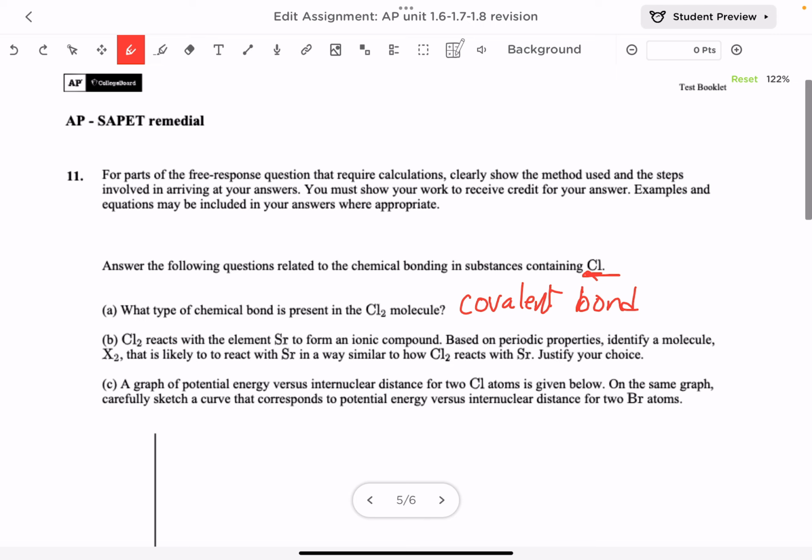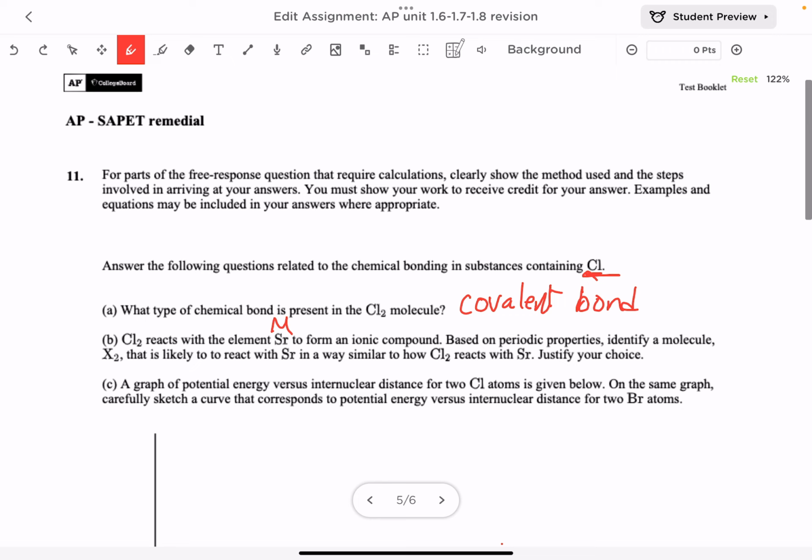Now, if Cl2 reacts with element Sr, that's a metal, to form an ionic compound, based on the periodic properties, identify a molecule X2 that is unlikely to react with Sr in a way similar to how Cl2 reacts with Sr, and justify your response.